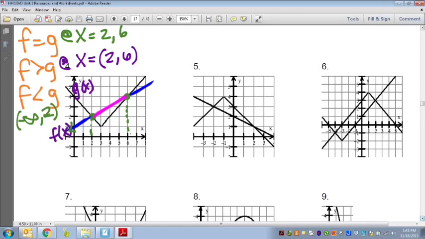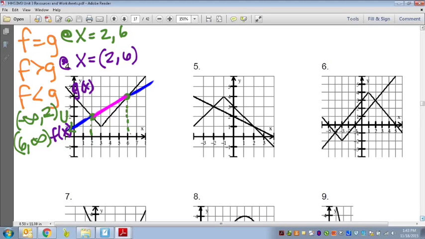Okay, and then it's going to pick up again at 6 and go all the way to positive infinity. Because there's 2 different spots where f of x is below g of x, meaning it's below the absolute value graph. So those are 2 different spots, but make sure if you write 2 different intervals, you write the letter U in between them there.